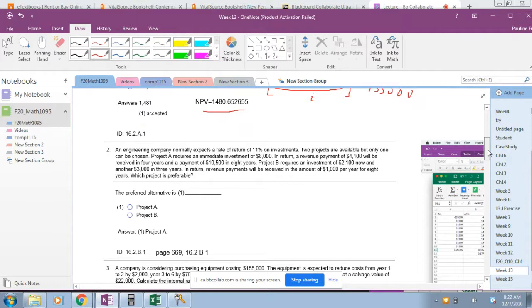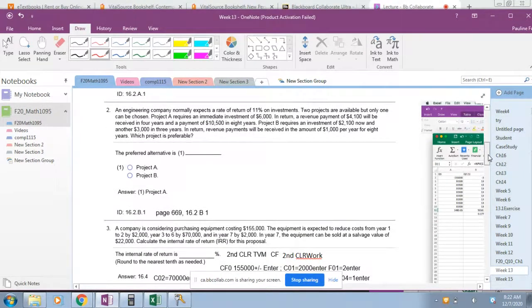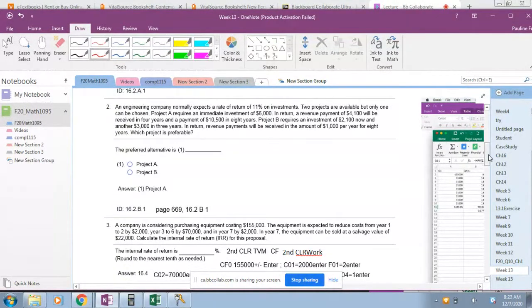So this question here, question 2. An engineering company normally expects rate of return on 11% on investments. 2 projects are available, but only one can be chosen.